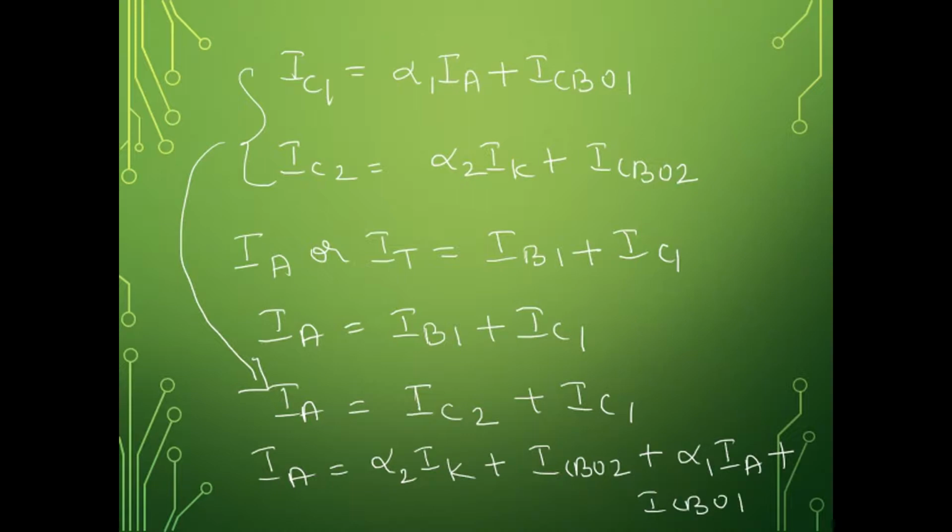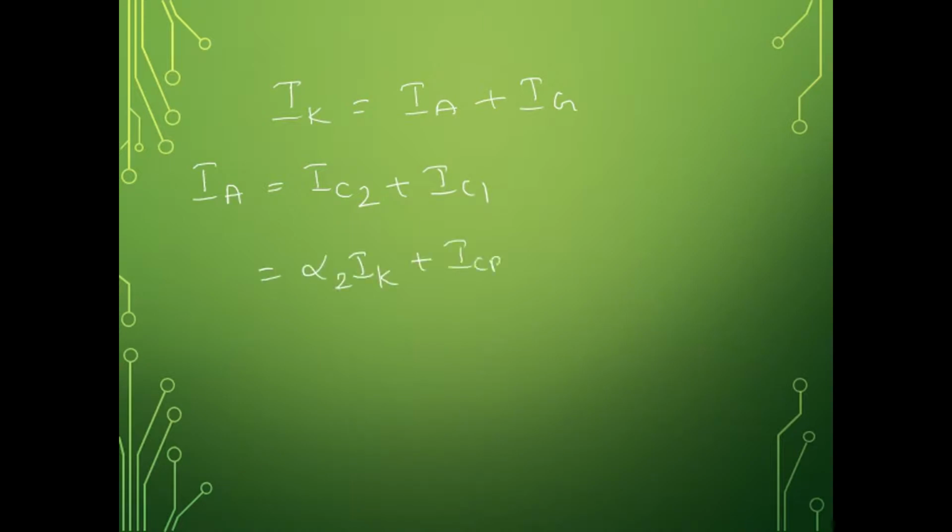Now IK is nothing but the emitter current of the second transistor, so we can rewrite it: IK is equal to IA plus IG. So we will rewrite IA is equal to IC2 plus IC1, which was alpha 2 into IK plus ICBO2 plus alpha 1 into IA plus ICBO1.